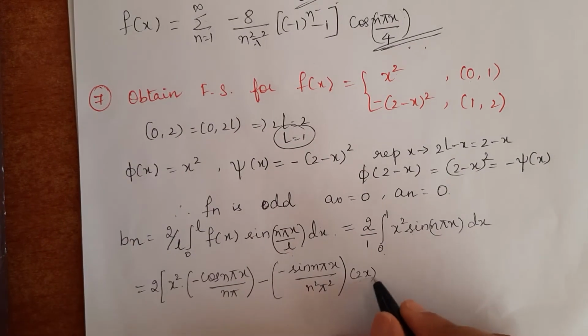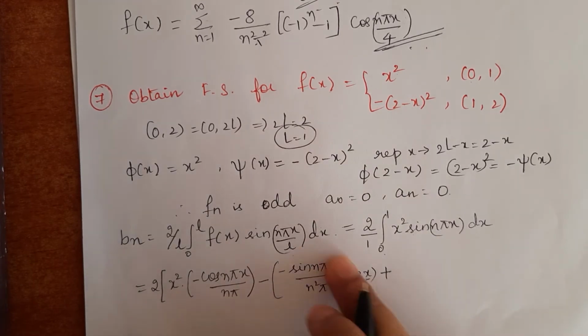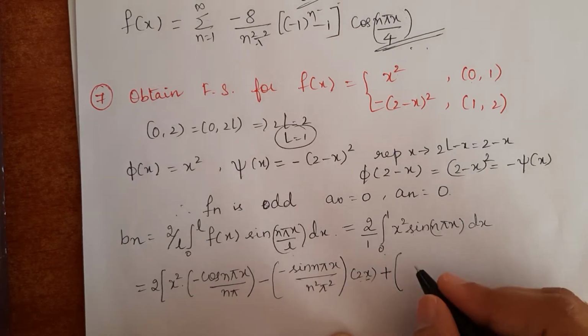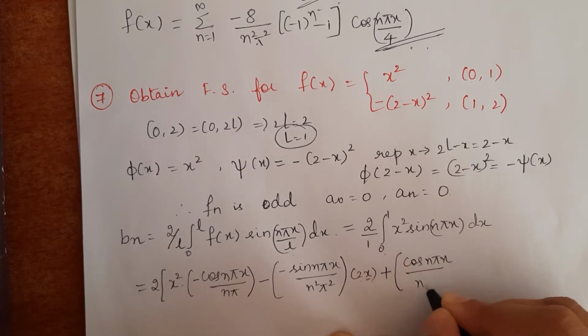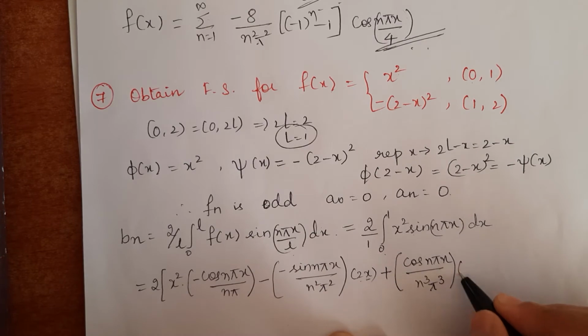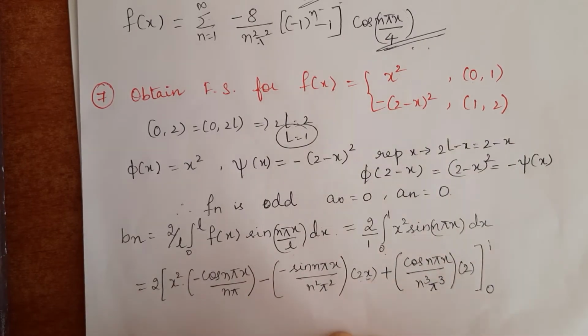Again we have a variable term here. So the next term will be integration of this integrated function. So integration of minus sin is plus cos n pi x divided by n cube pi cube into differentiation of 2x is 2, between the limit 0 to 1.